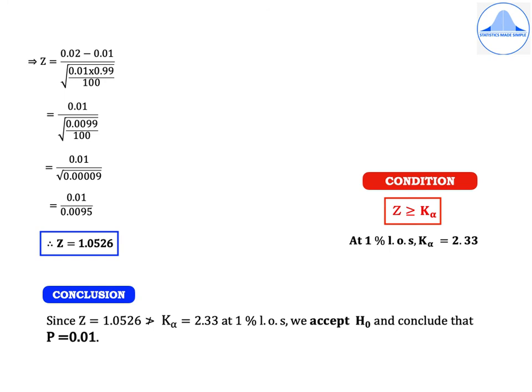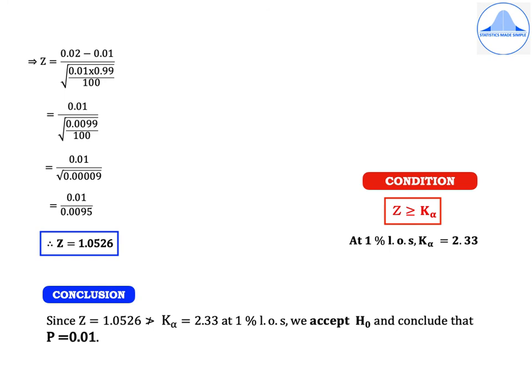Normally we take only 4 places after the decimal after rounding off, but here because the 4th digit after the decimal is also 0, I have included the 5th digit, which is 9. So this is equal to 0.01 divided by 0.0095, or Z is 1.0526.